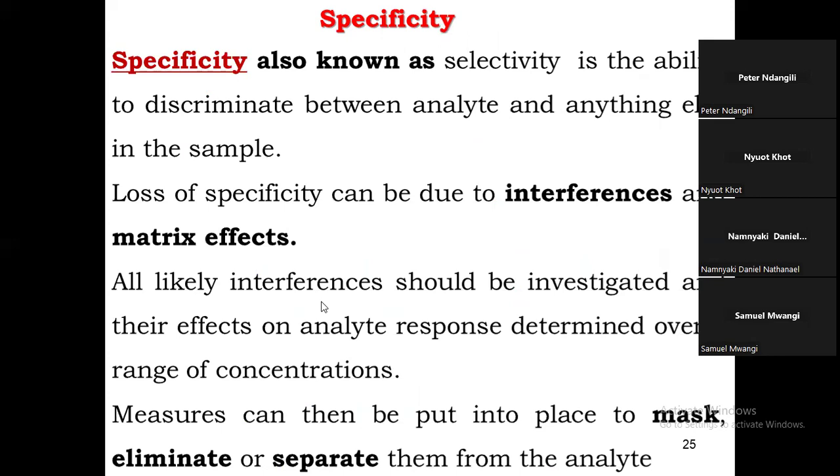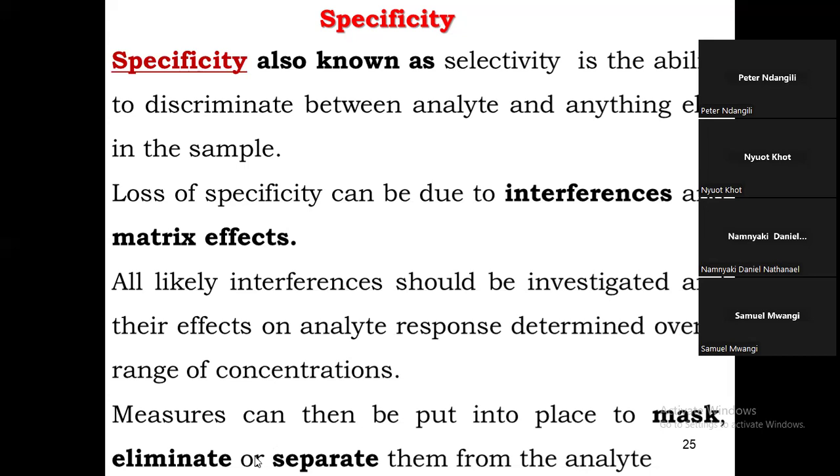And this is the ability to discriminate between an analyte and anything else that is present in that particular sample. The specificity or selectivity of a method is discussed against the possibility of interfering substances that you may have in your analytical solution, or that may be present due to the matrix effects.